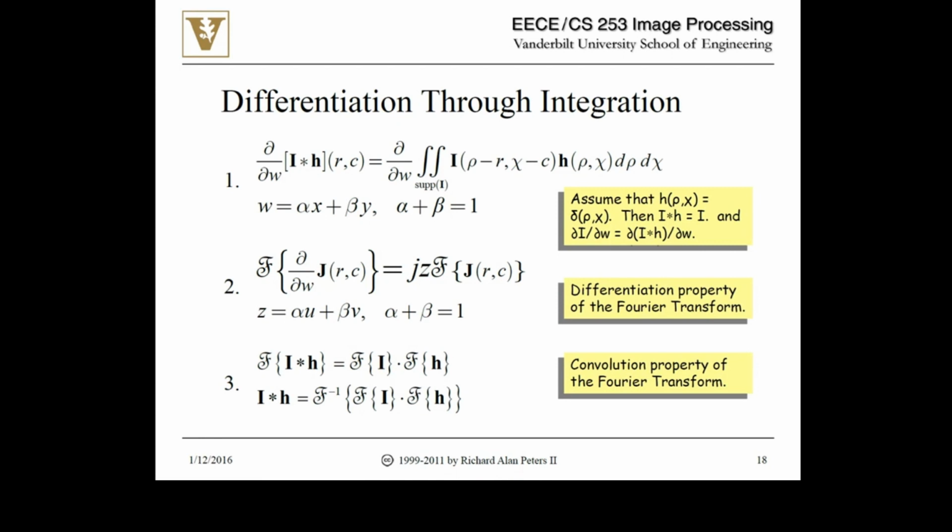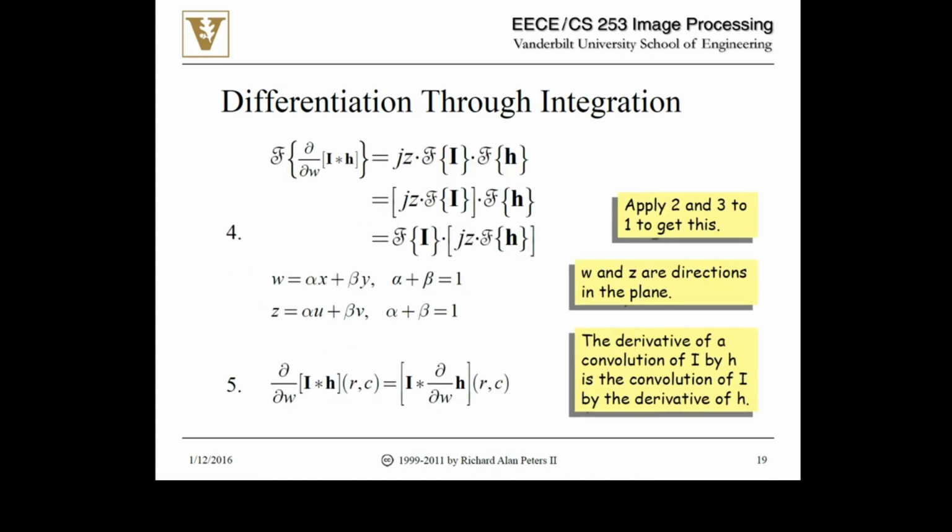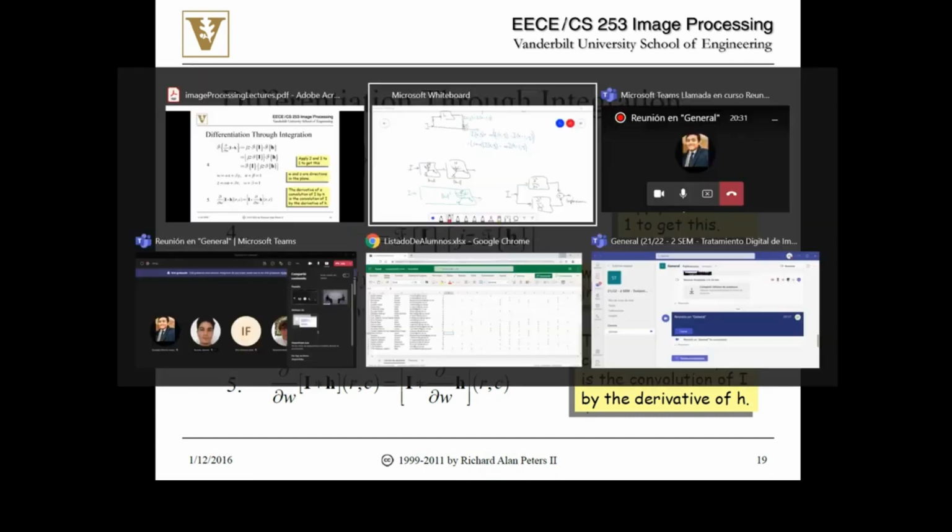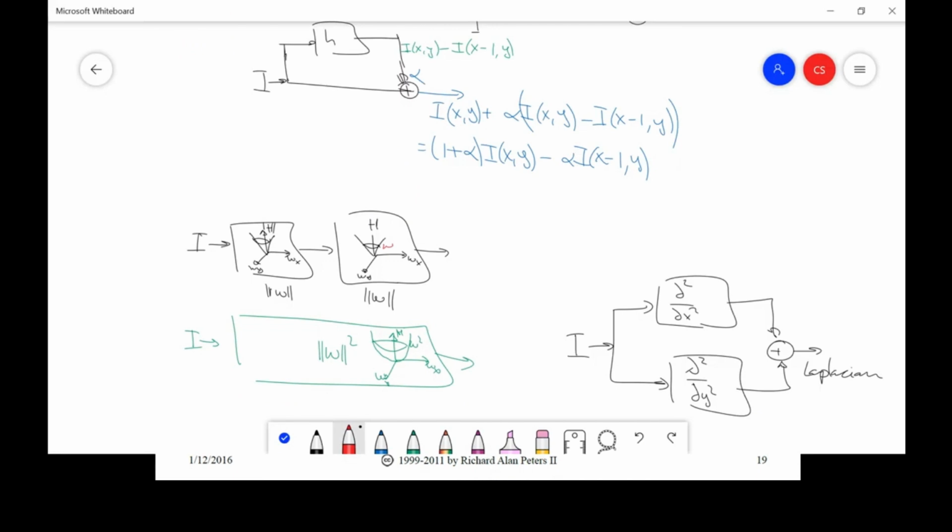Okay, then I think this one, I think it is better explained here. So this is what we want to have. So let's have that result. So there are two results there.